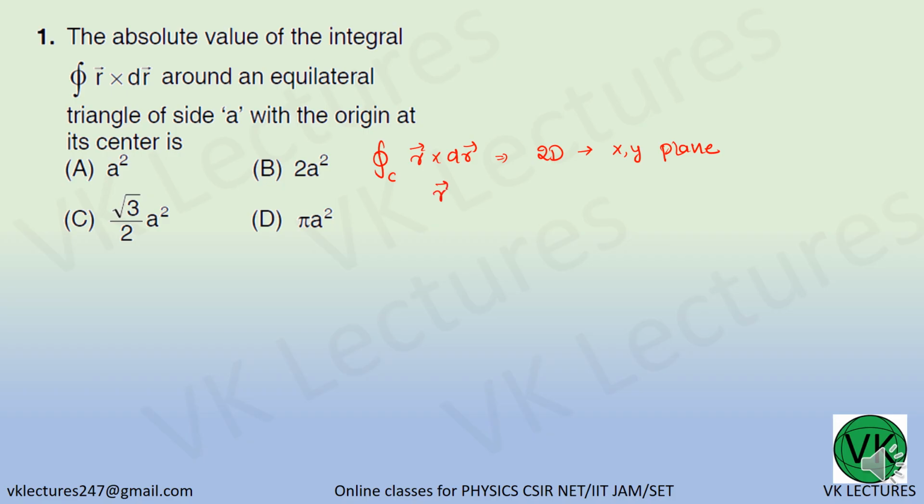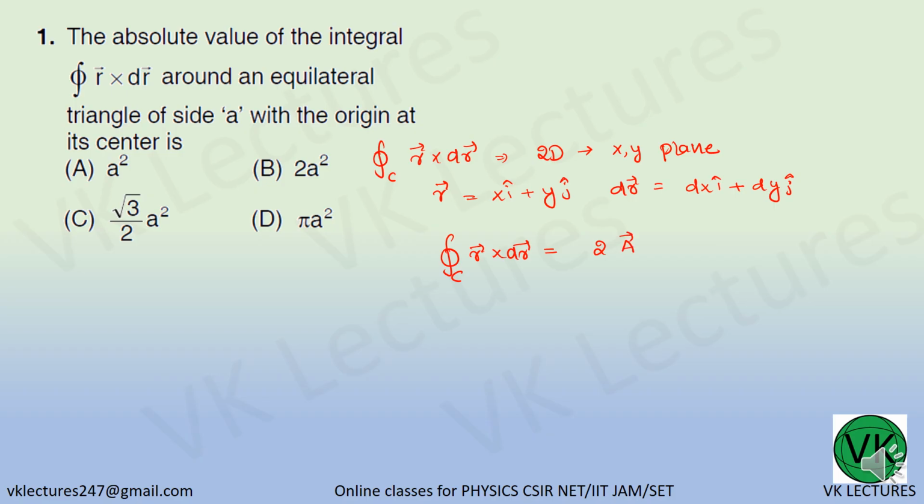Now what is r then? If it is in the xy plane, r is equal to x i cap plus y j cap. Similarly, dr will be equal to dx i cap plus dy j cap. Now this closed integral of r cross dr will be equal to 2 times the area vector A. And what is this A?